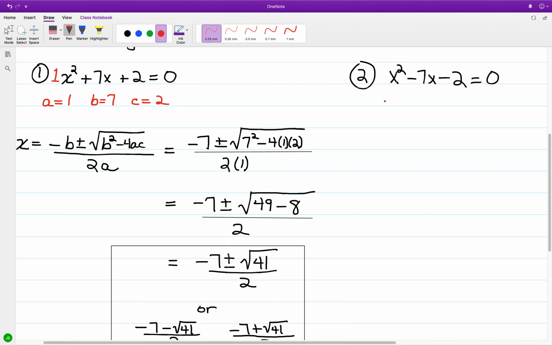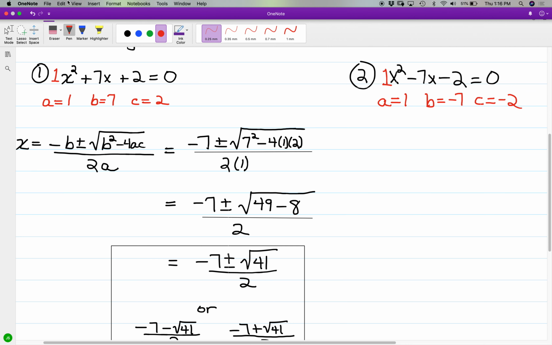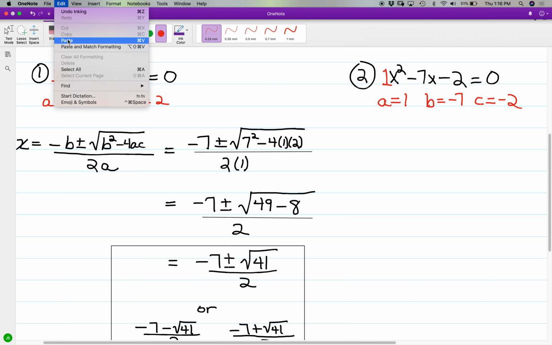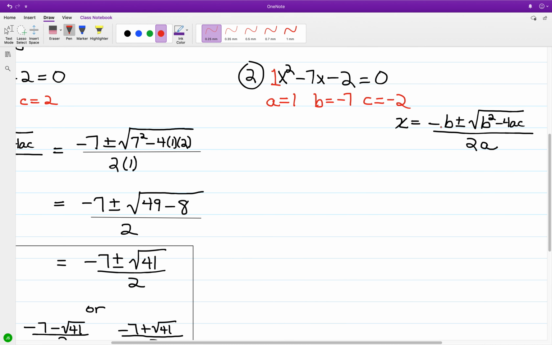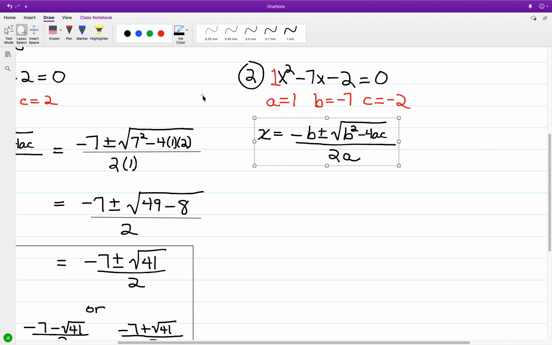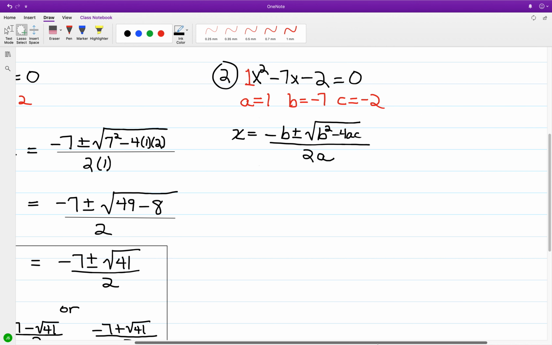We have a at 1, since this is 1x squared, and since 7x and 2 are both being subtracted, b is going to be negative 7, and c is going to end up at negative 2.